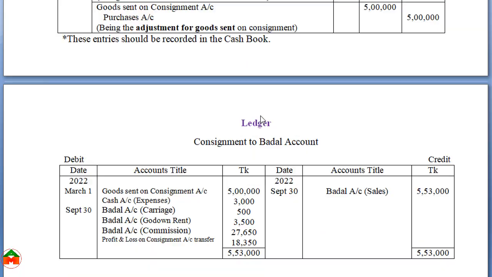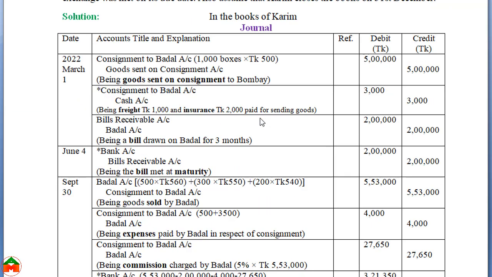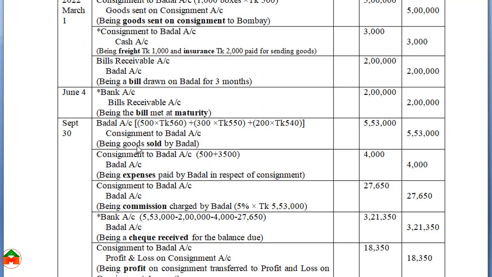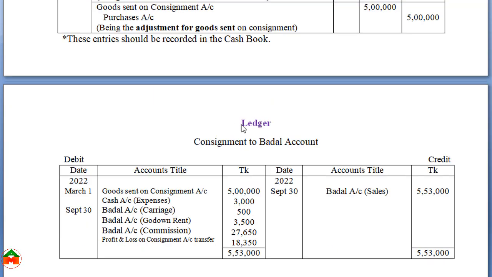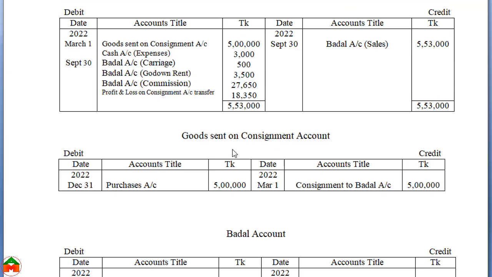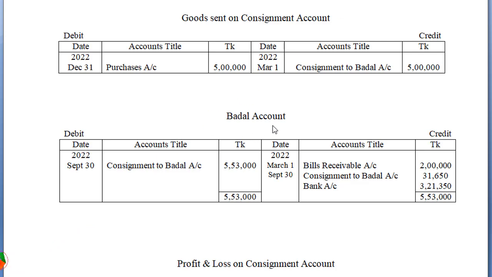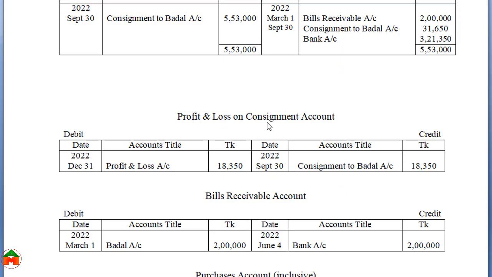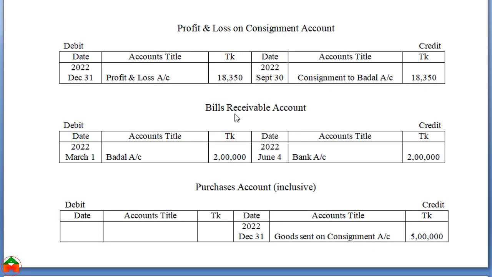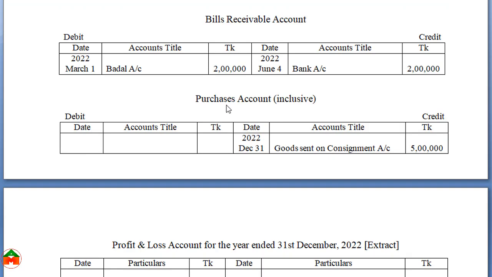In the same way, you can prepare the ledger account for other accounts. We can see goods sent on consignment account, cash account, Badal account. These are the other ledgers that could be prepared by following the same procedures. You can see this is the ledger of goods sent on consignment, this is the ledger of Badal account, this is the ledger of profit and loss account, this is the ledger of bills receivable account, this is the ledger of purchase account.